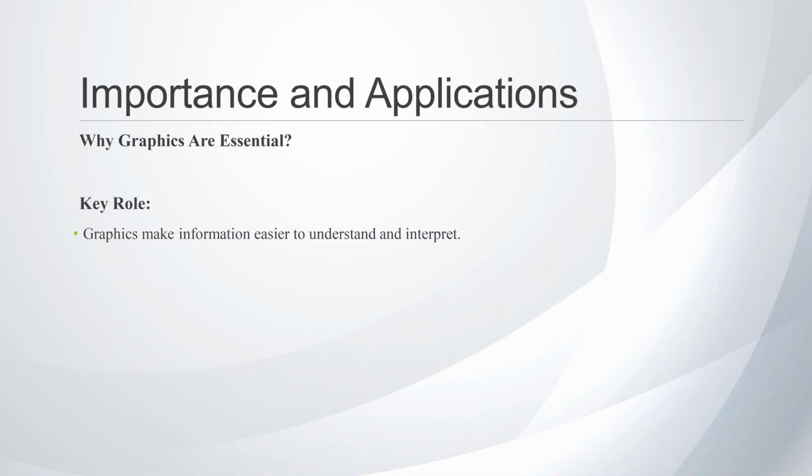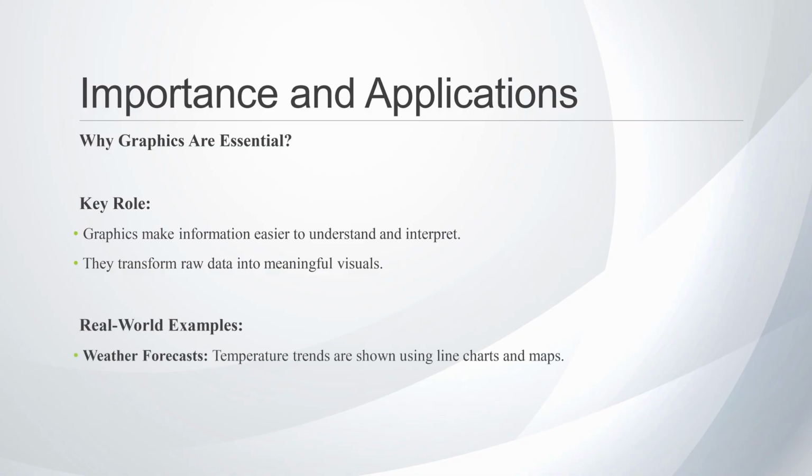Graphics play an essential role in helping us understand information more easily. They turn raw data into visuals that are quick to interpret and analyze. For example, weather forecasts use charts and maps to display temperature trends, making it simple for anyone to understand.